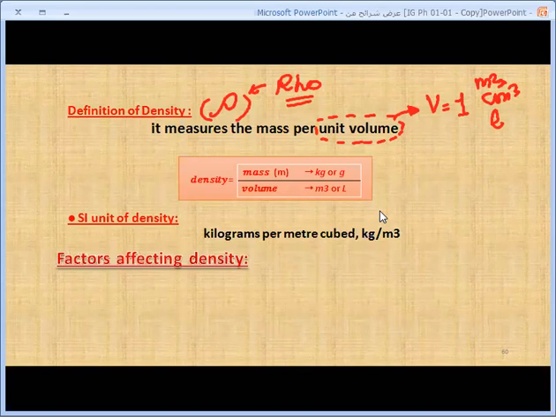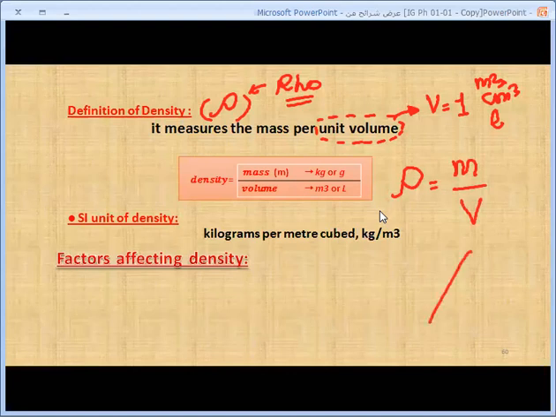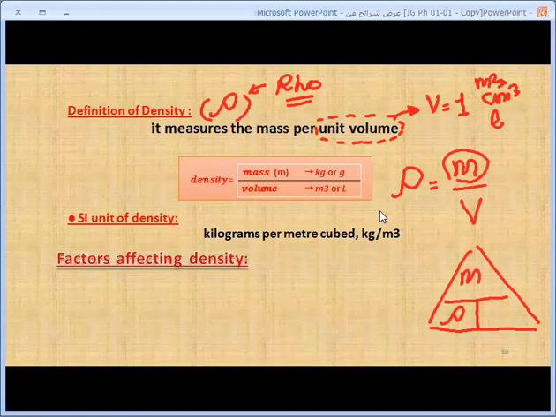So in this case, I can say rho, which is the density, equals m, which is the mass, divided by V, which is the volume. And I can make this triangle or pyramid: m is here, rho is here, and V is here.